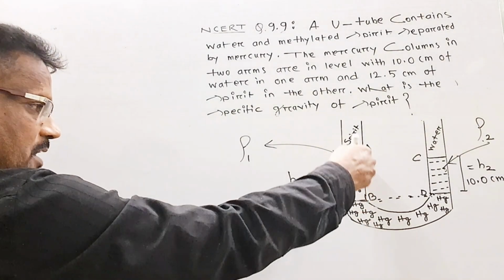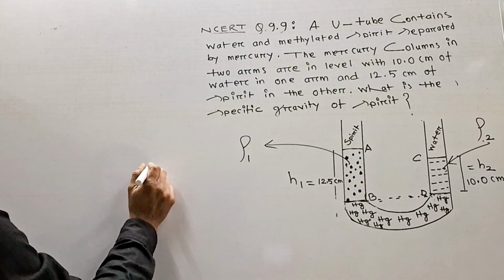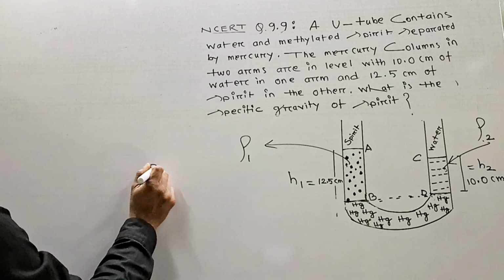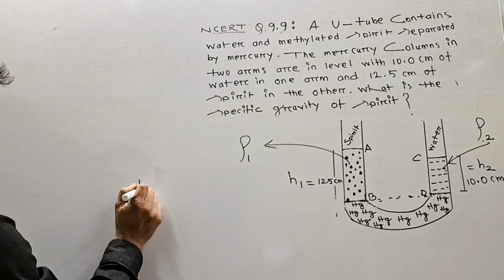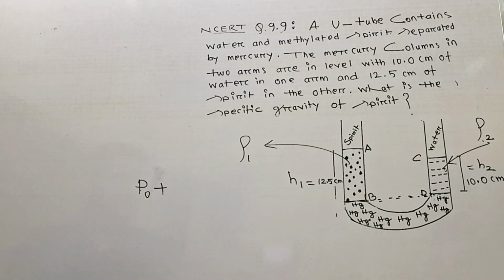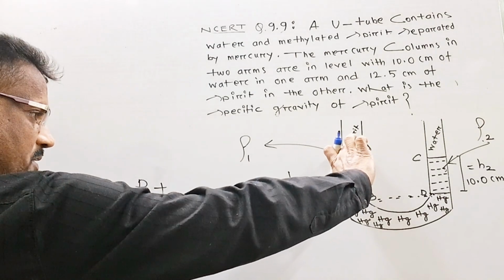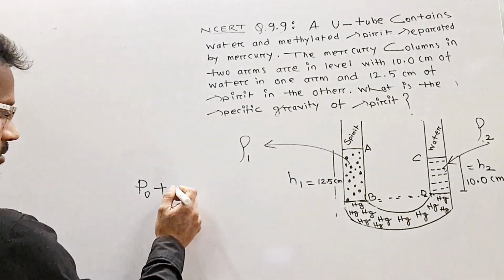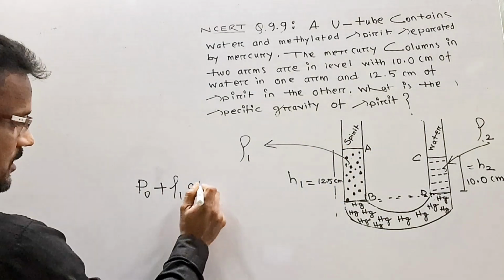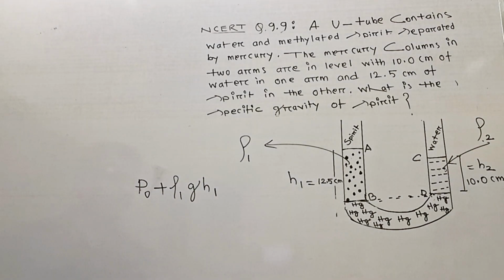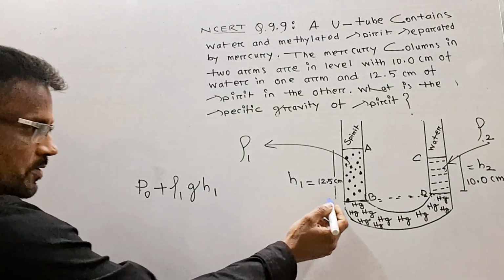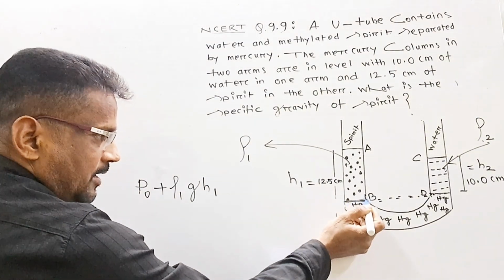So let us write the pressure at B: P0 plus, and what is the hydrostatic pressure due to the spirit? That is rho 1 g h1, and this is the total pressure at B.